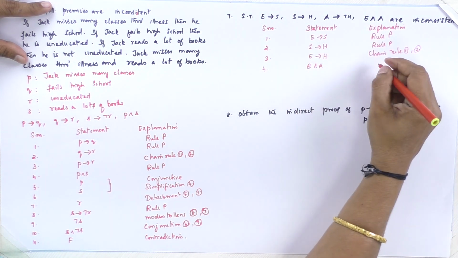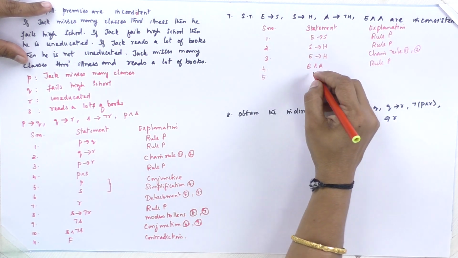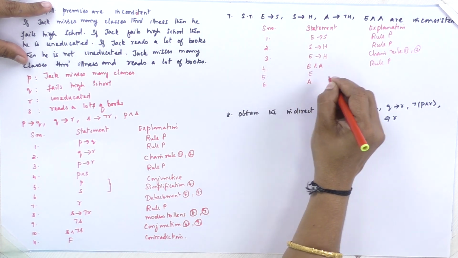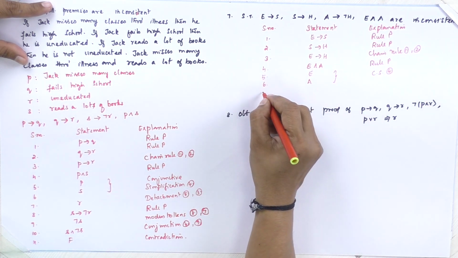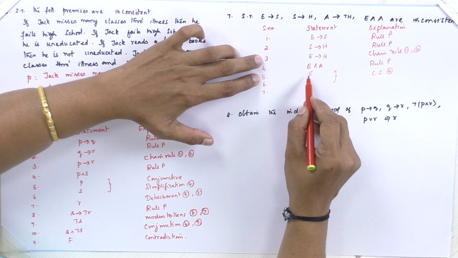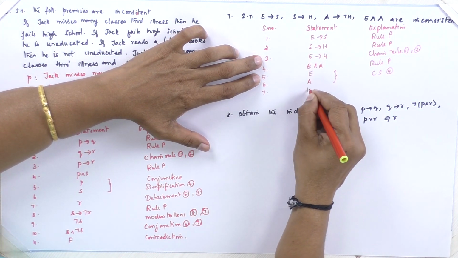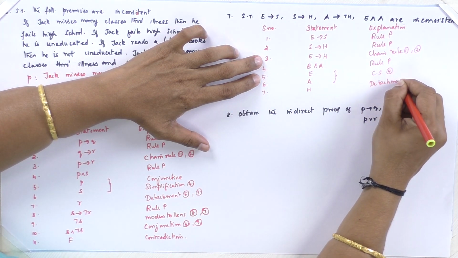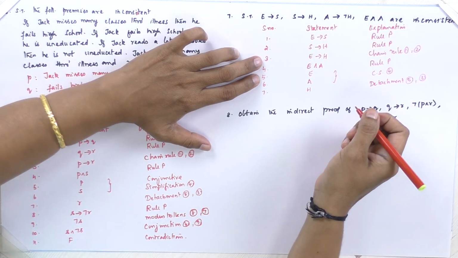E conjunction A, that is rule P. I can apply the conjunctive simplification; either I will get E or I will get A. Conjunctive simplification on 4. Now here I have E and here I have E conditional, so applying detachment, this will go off and I will get H. Detachment on 5 and 3.